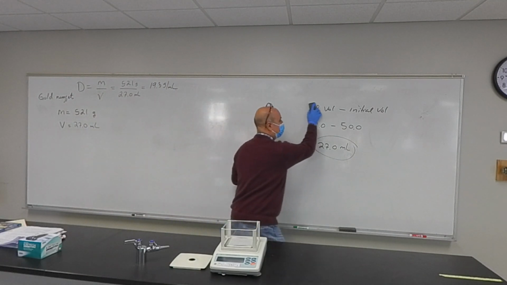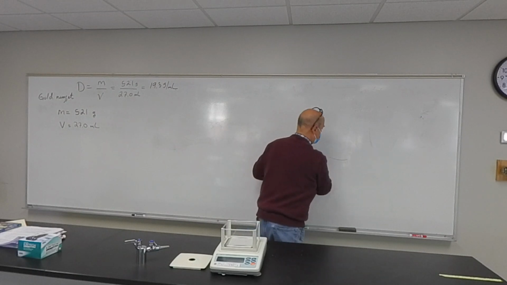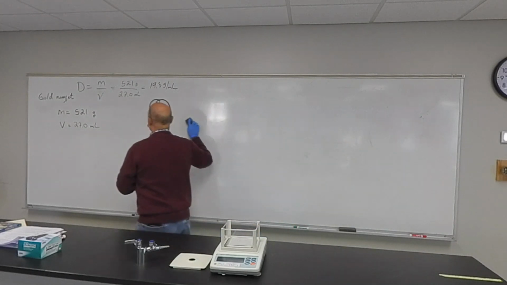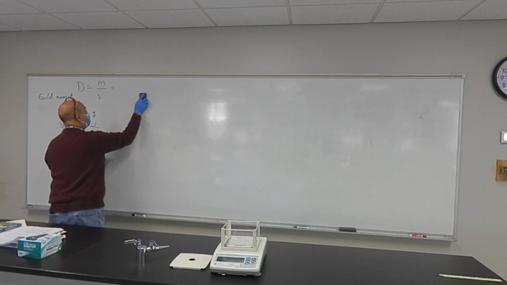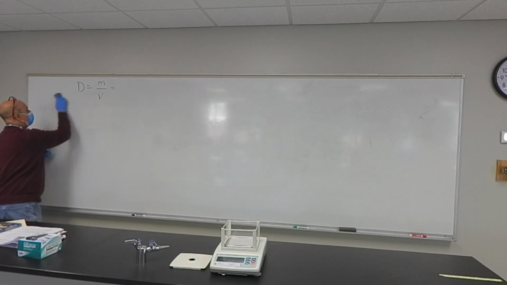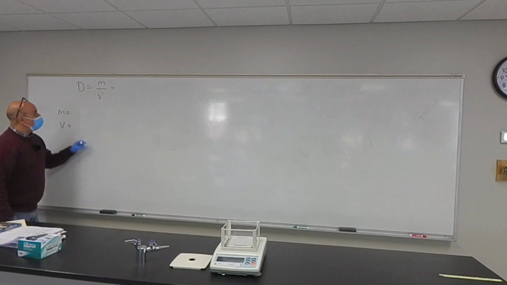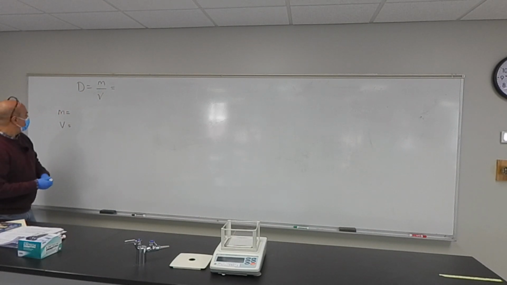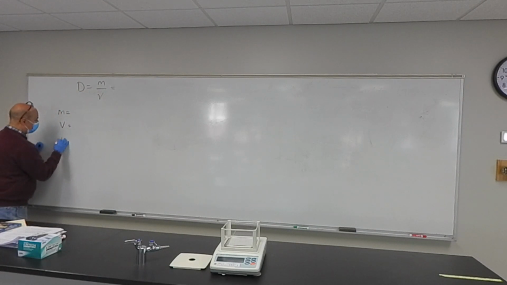So far in our discussion of density, we have had problems in which we are given a value of mass and a value of volume, and we're asked to calculate the density. But what if we had a scenario like this?